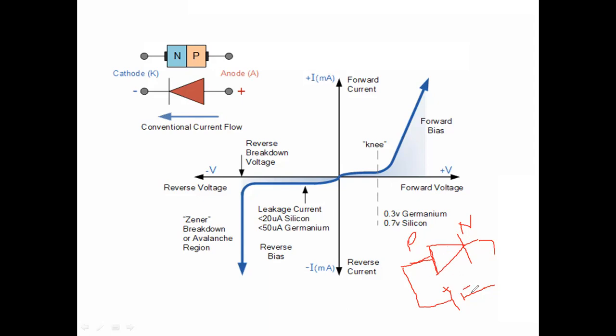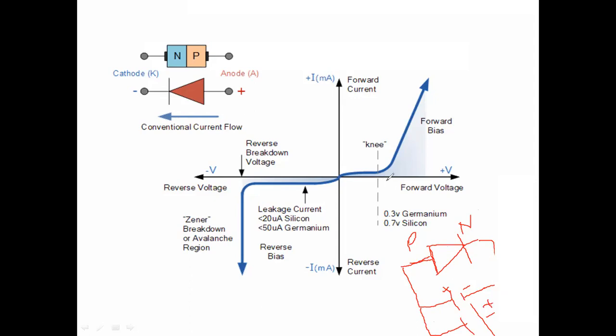Suppose you reverse this, that is, the negative of the battery to the P side and the positive of the battery to the N side. Then it is called reverse bias. We are applying reverse voltage to the diode.